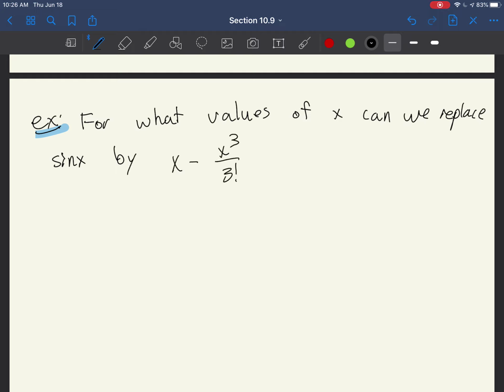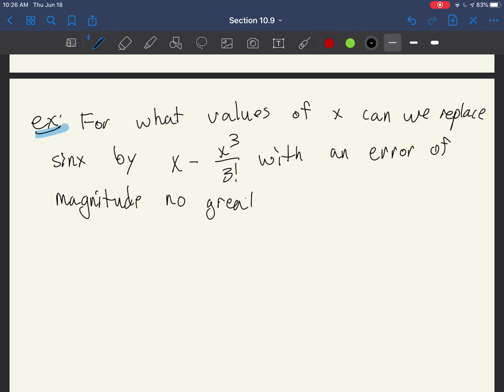For what values of x can we replace sine x by x minus x cubed over 3 factorial with an error of magnitude no greater than 3 times 10 to the negative fourth.